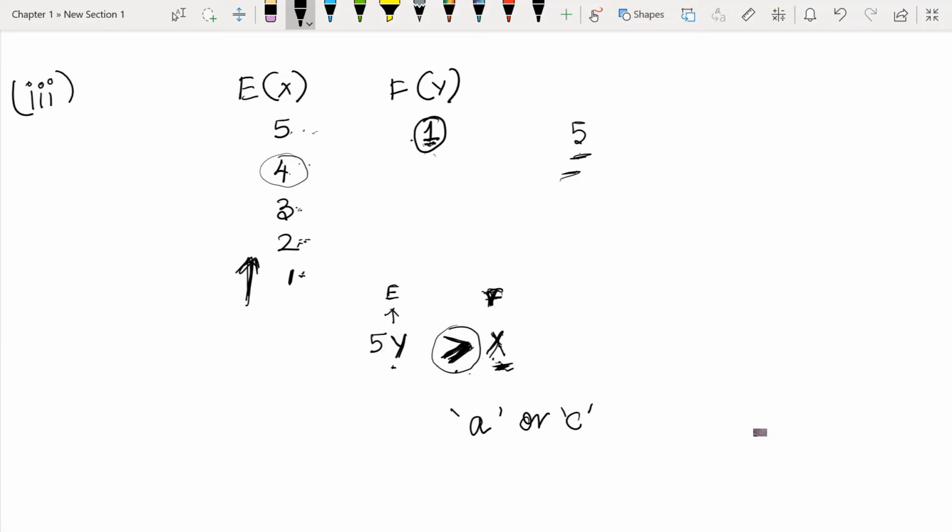So never select two options in the examination, that will lead to negative marking. Normally they take care to ensure that there is only one correct answer. Suppose there are two correct options, then there will be an option D which will say both A and C, and then you will take only option D. Be very careful about it in the examination.